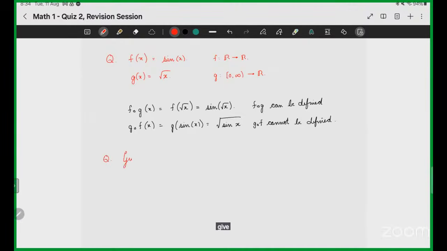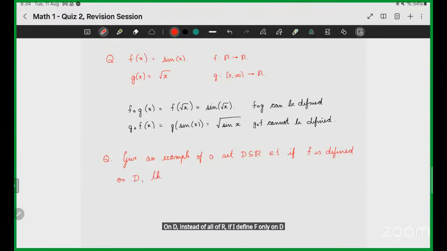Give an example of a set D in R such that if f is defined on D instead of all of R, then one can define g of f.